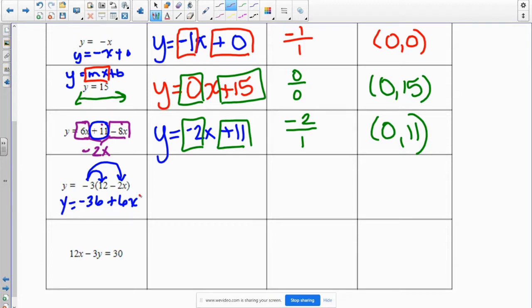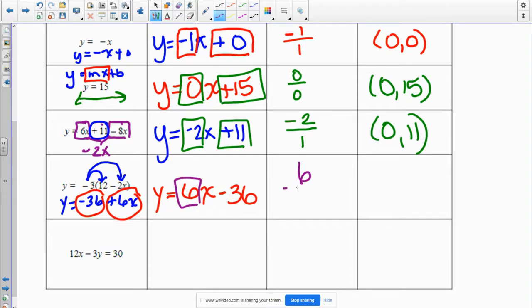So here is your slope, positive 6x, because it's the coefficient on the x, so y equals 6x. And here is your y-intercept, and the negative goes with that, so minus 36. Looking at this, here is my slope as said, the coefficient on the x, so this would be 6 over 1. And then my y-intercept is a negative 36, and that's 0, negative 36.